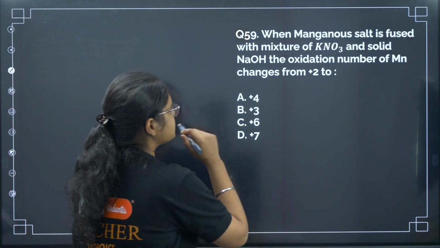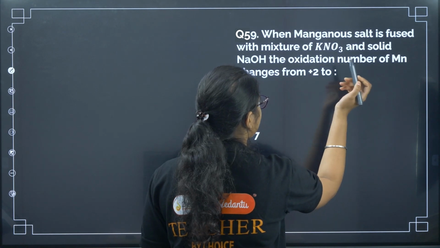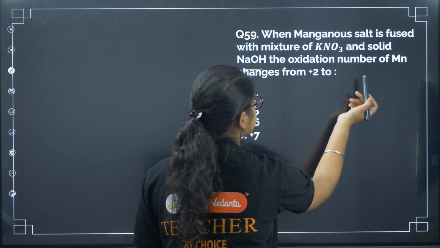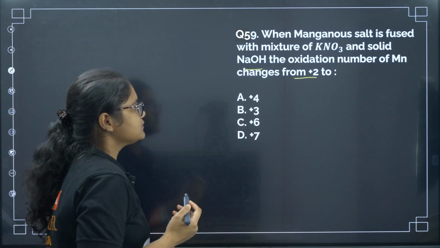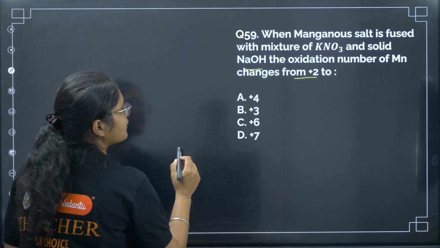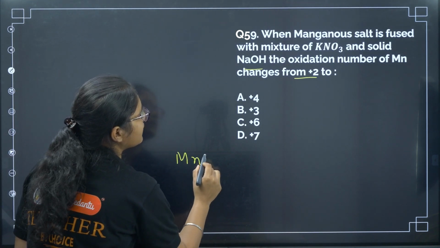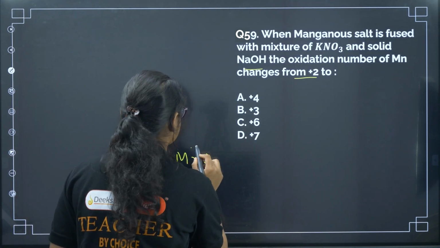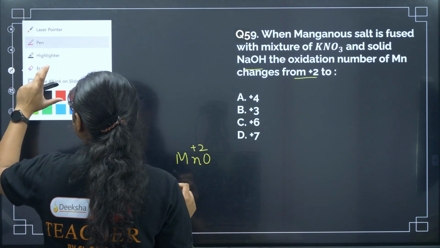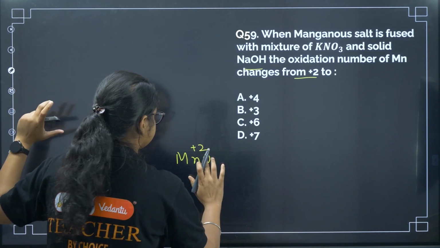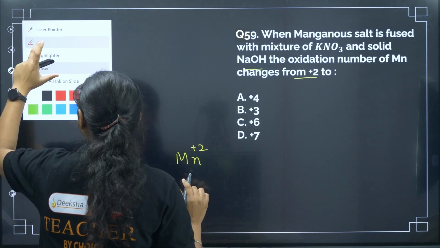When manganese salt is fused with mixture of KNO3 and solid NaOH, the oxidation number of manganese changes from. So if you see, we are treating Mn plus 2, right? So manganese is in plus 2 oxidation state. So that is MnO.